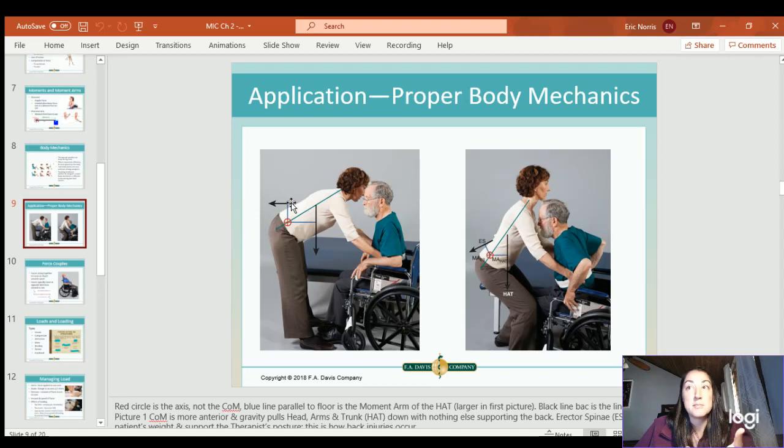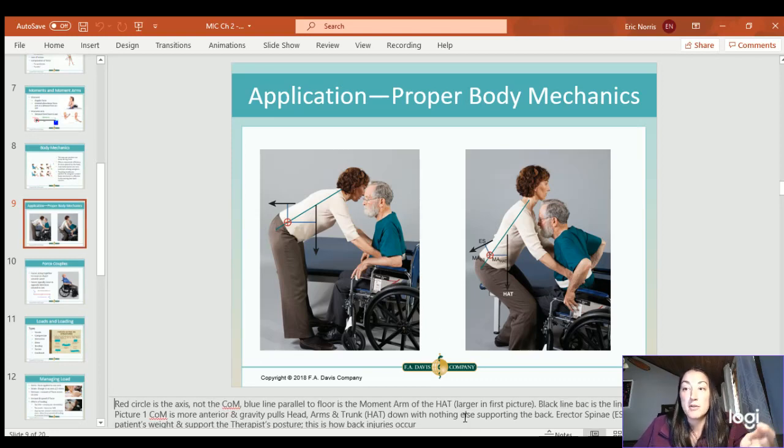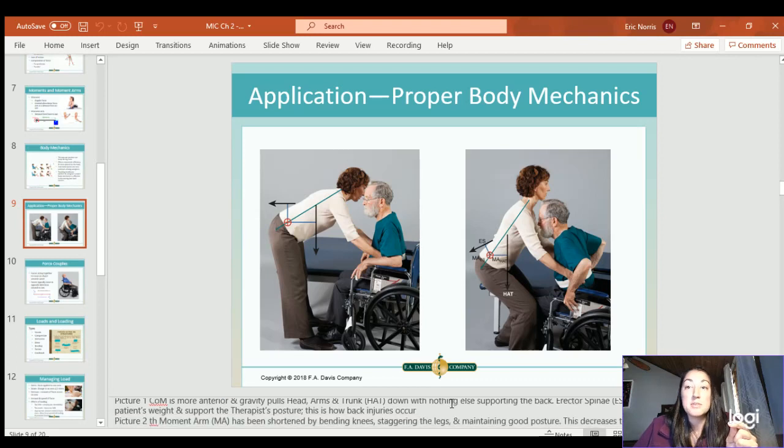That muscle is responsible for holding up all that weight. And of course, if the therapist moved the patient in this position, that muscle would also have to hold the patient's weight.